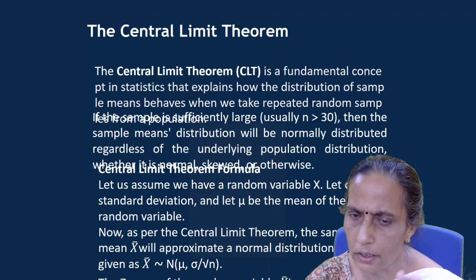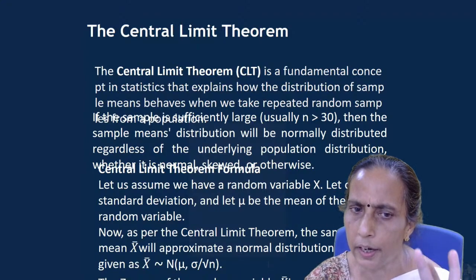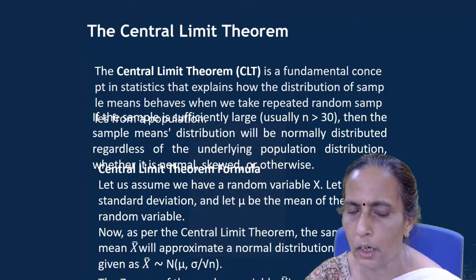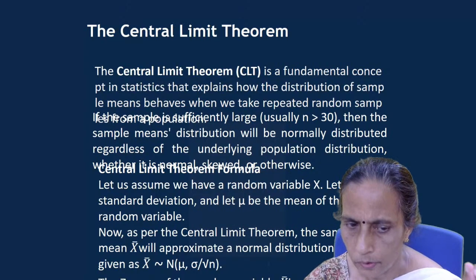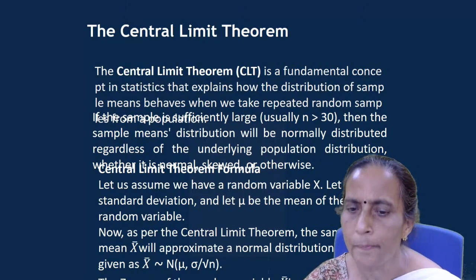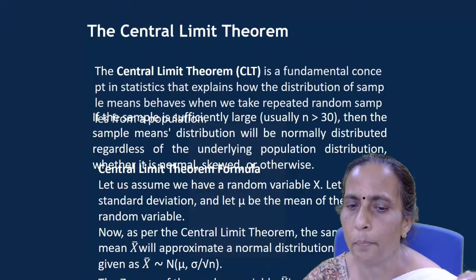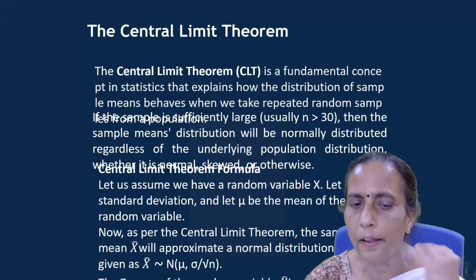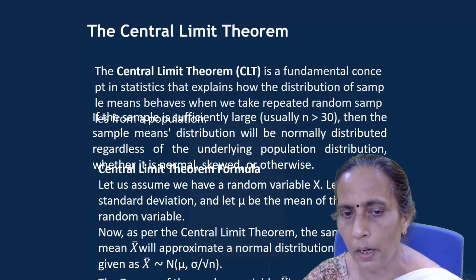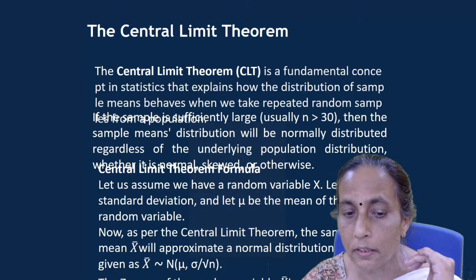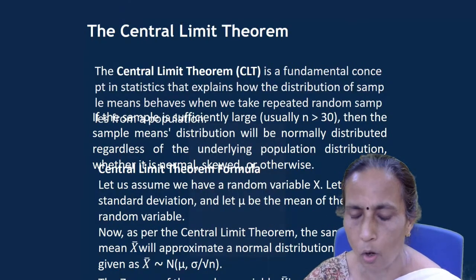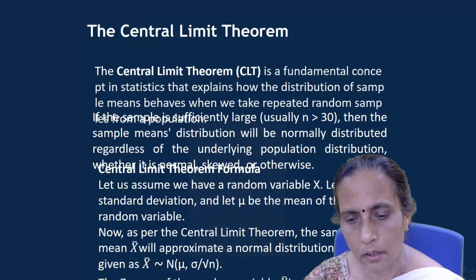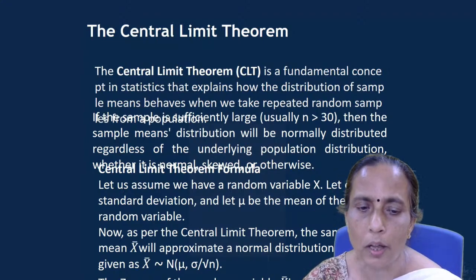then the distribution of sample means will be normally distributed regardless of the underlying population distribution, whether it is normal, skewed or otherwise. The central limit theorem says that the sample mean x bar is approximately a normal distribution with mean mu and standard deviation sigma by square root of n.